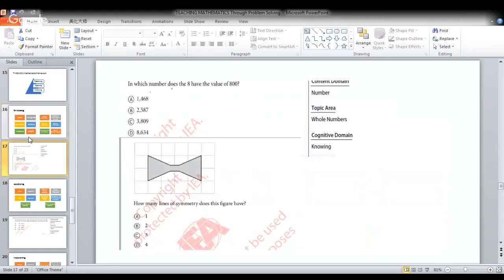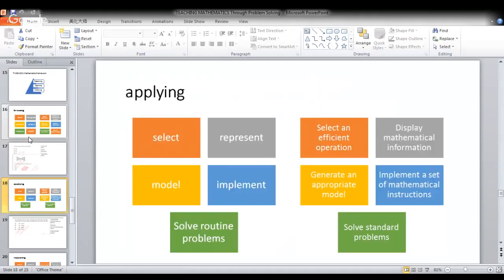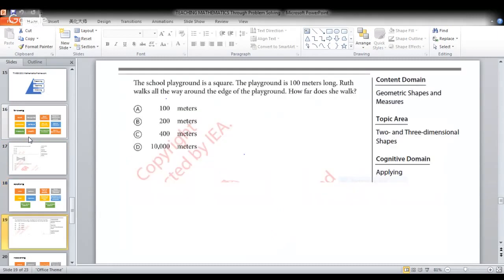And this is one example of a question in TEAMS, no? Very important also that we know how to construct. For example, this is a knowing cognitive domain. These are example items. Okay. This one is our applying keywords. This is our sample item. Okay.